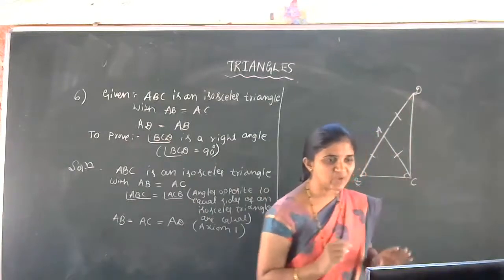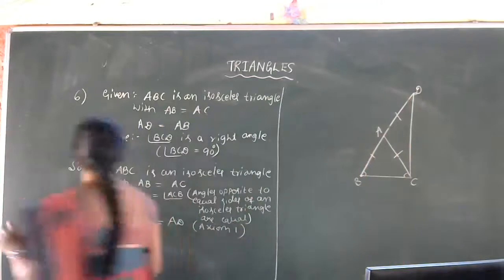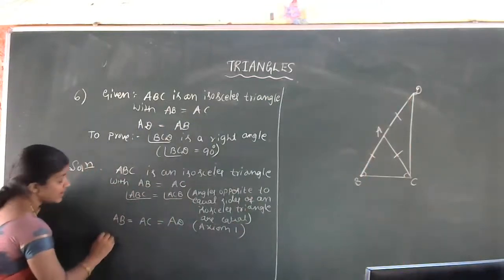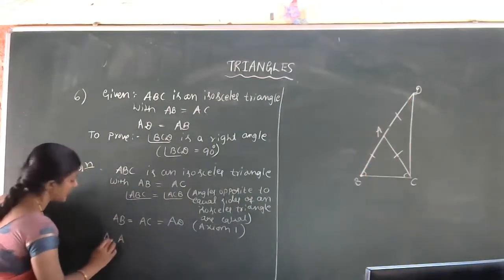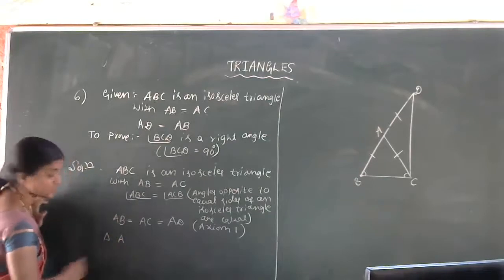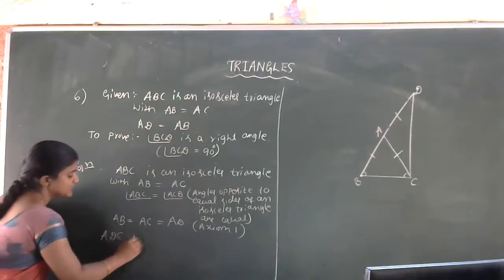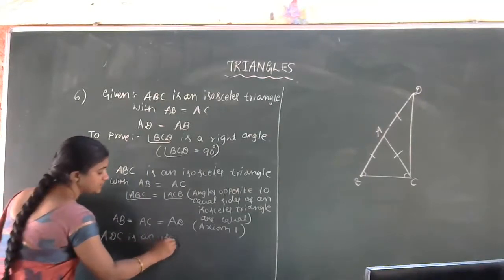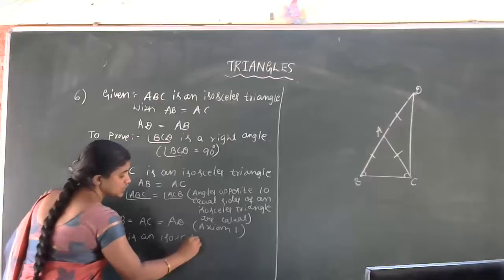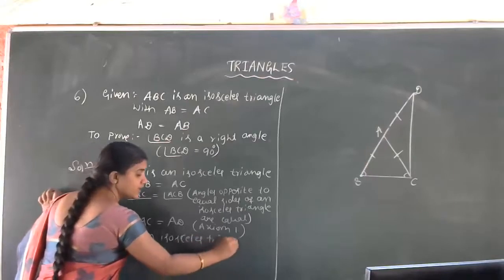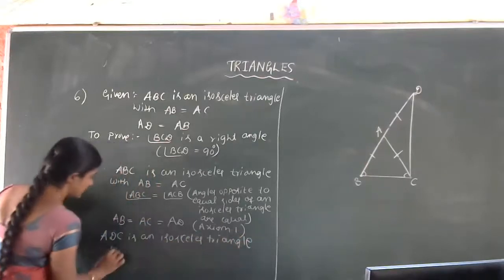Or if we name this completely: angle ABC, then angle ADC, then angle C. What we need is that angle C is equal to 90 degrees. How can we reach the proof?